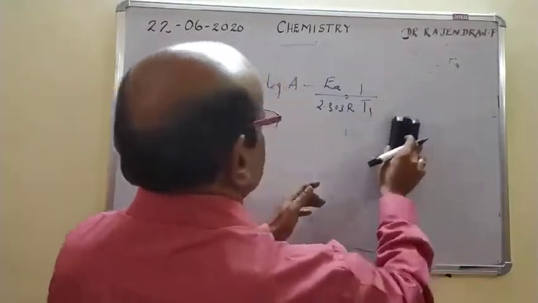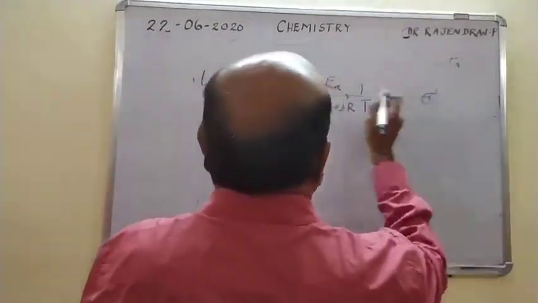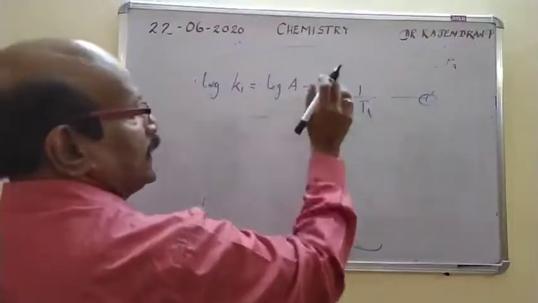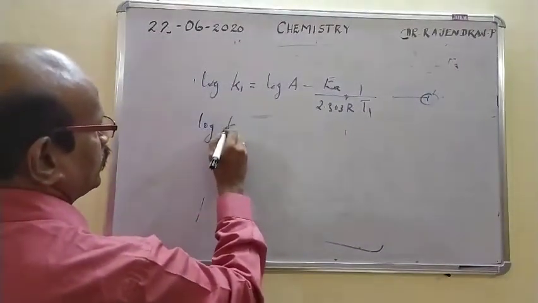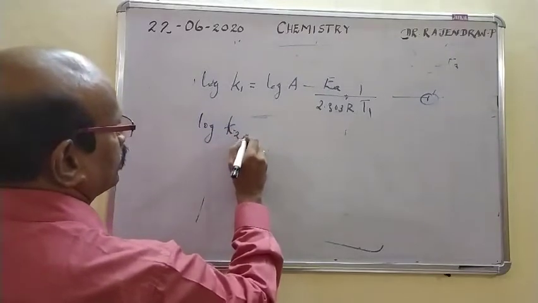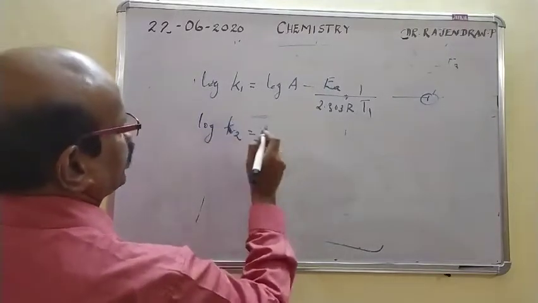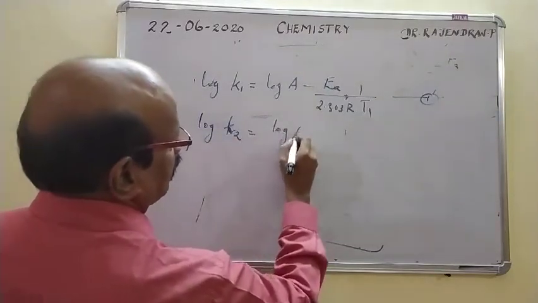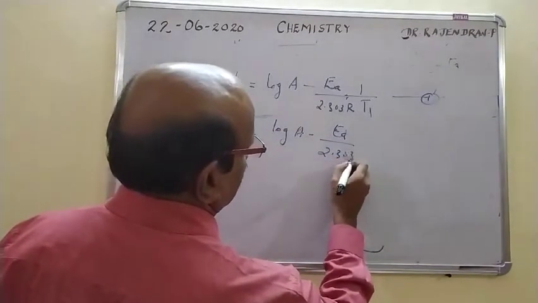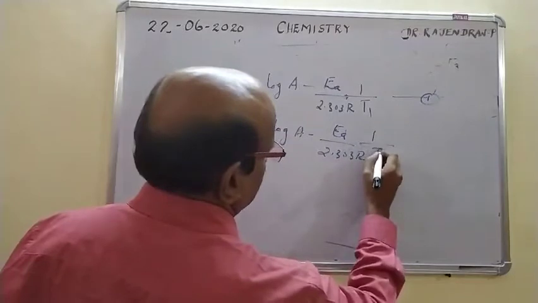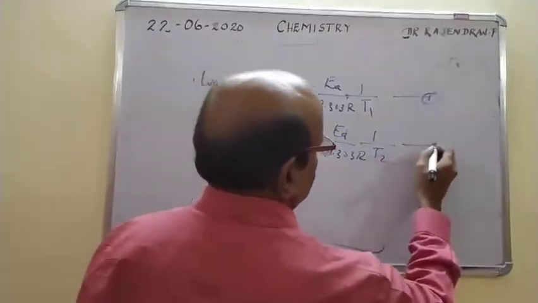This is equation number 1. For a given reaction, you have to remember that A and EA are constants. Then log K2 is equal to log A minus EA by 2.303 R into 1 by T2. This is equation 2.